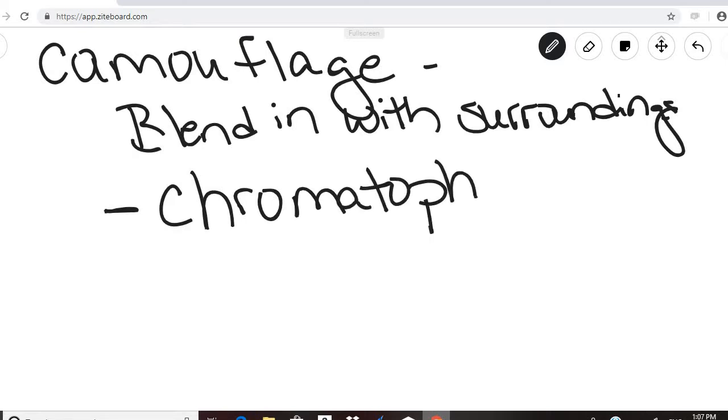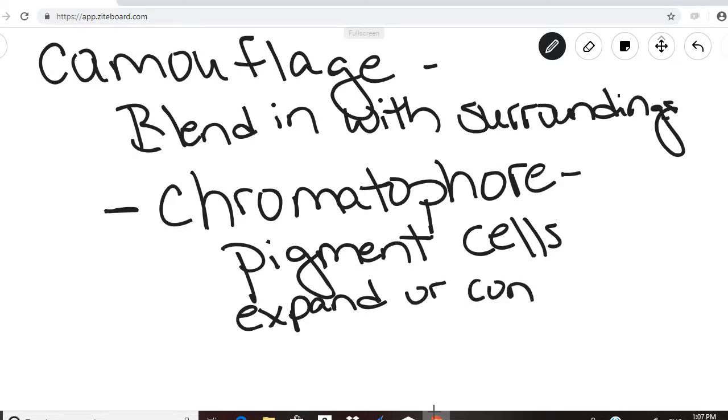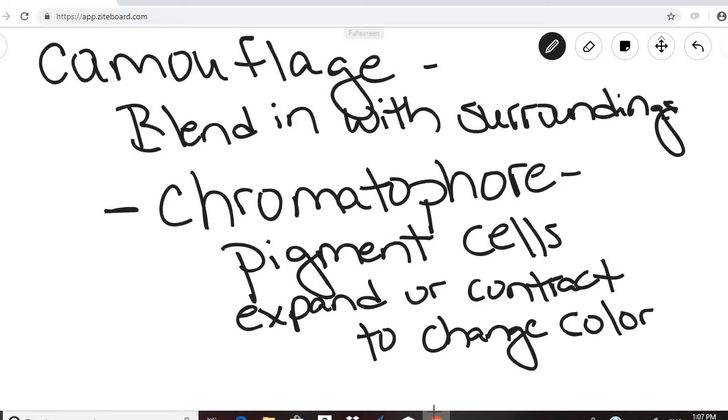These are pigment cells, so they produce color, and what happens with these cells is they either expand or contract to change color. So they get bigger or they contract for the fish to be able to change color. Okay, so that is camouflage, just blending in with their surroundings.